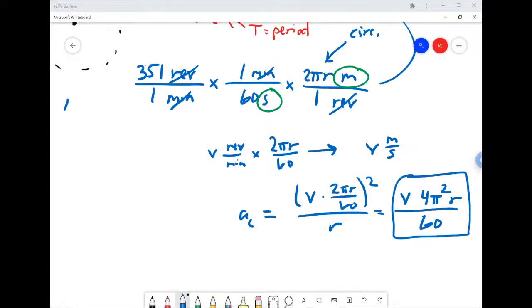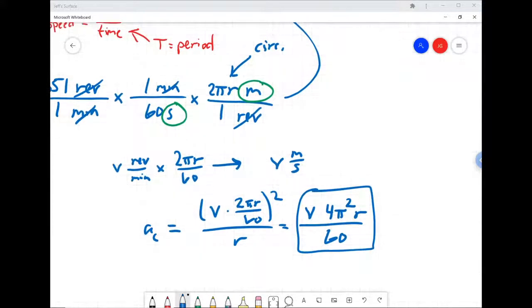What I'm saying now is if you derive this formula, the V is in revolutions per minute and the r is in meters. So we're just algebraically solving for centripetal acceleration using the units that were given to us. And in this case, you had an r squared in the numerator and an r in the denominator, so one of the r's canceled.